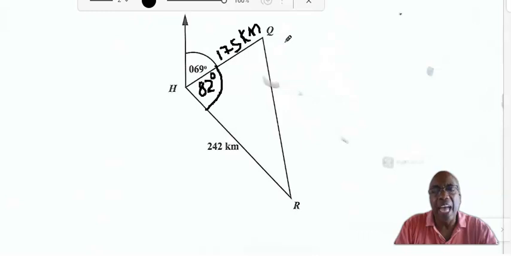Now both rules are given to you in the examination. I will show you them shortly. But note what we have here. We have in the triangle 2 sides and the angle between the 2 sides. So let's go to the rules to see which one we would use.